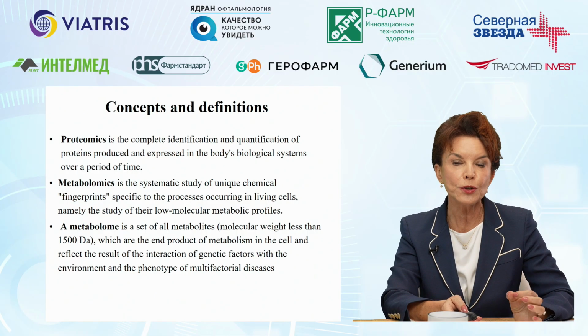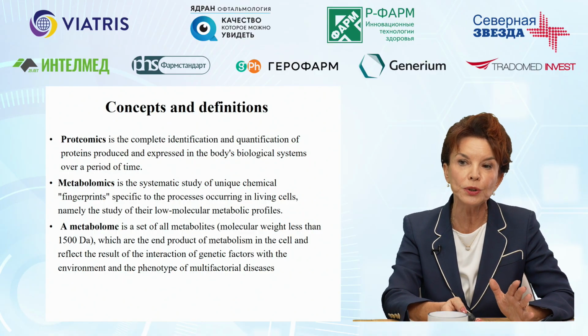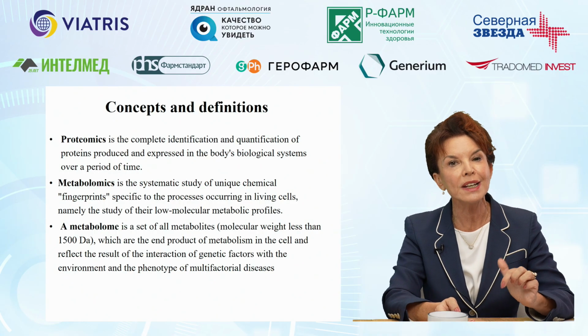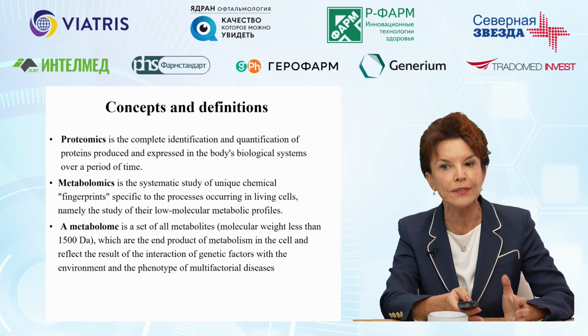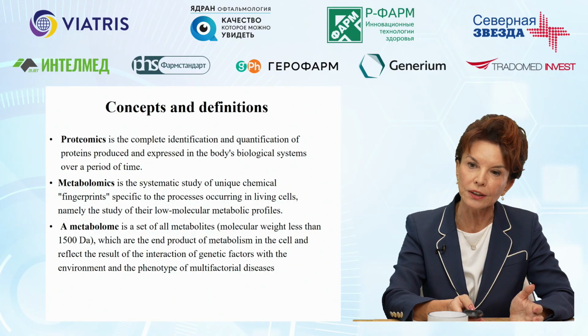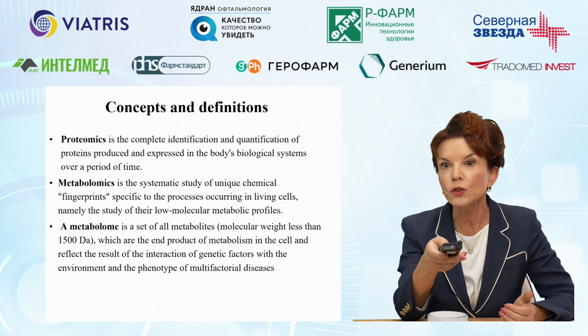Metabolome is a set of metabolites, molecular weight less than 1500 daltons, which are the end product of metabolism, but they reflect the essence of interaction of genetic factors and the factors of the environment.